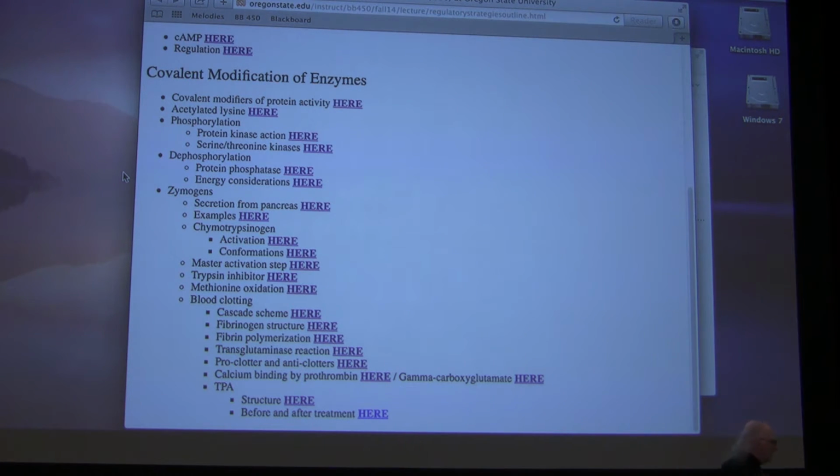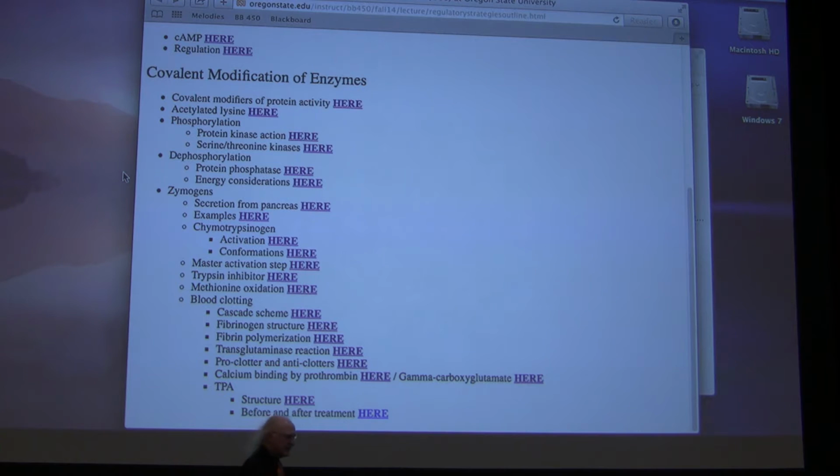Plasmin, as you might imagine, is something that the body has to be careful of as well, because if we have too much plasmin, we're going to have the same problem that we had with too much blood thinner, right? We're going to be dissolving clots where there really should be some clots, and there's going to be problems associated with that. So plasmin is synthesized also in a zymogen form.